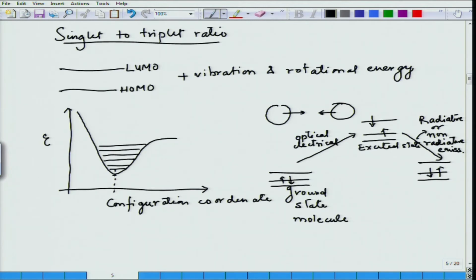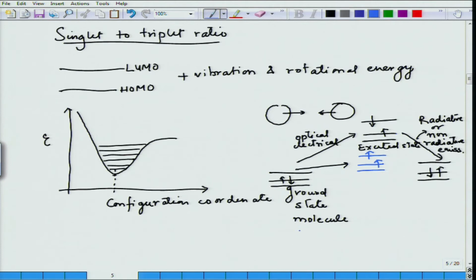There is another possibility in which this excited state molecule does not go to this excited state, but goes to a second excited state, which is defined by the spins in the same direction, which means the spin symmetry has been changed during the excitation process. Rather than having opposite spins in these two states, they have the same spin.